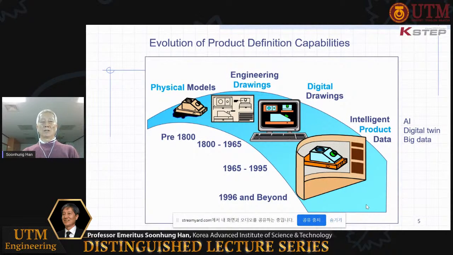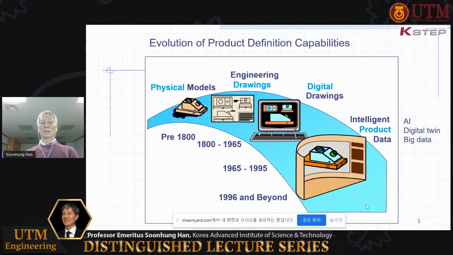This is a history of the design of any mechanical part, or engineering design in a bigger scope. In the 20th century, there was no computer. There was a physical model made by hand, and then it came with drawings, probably paper drawings, until the 1960s.